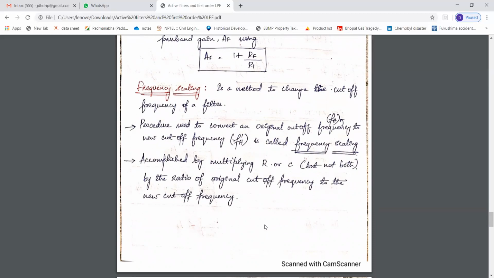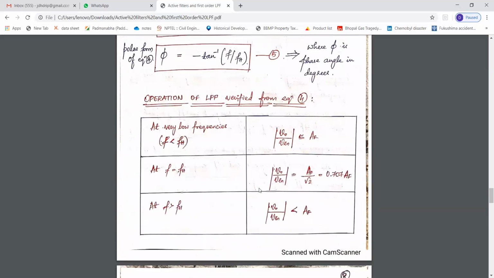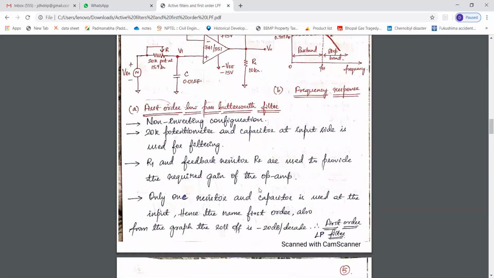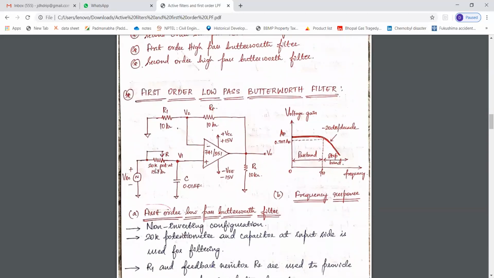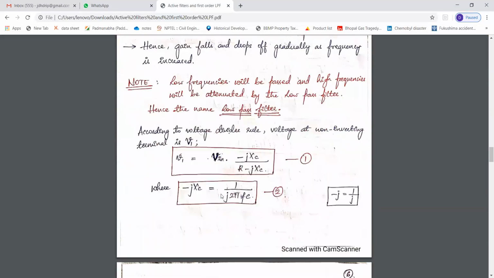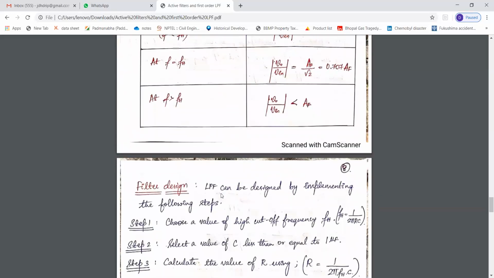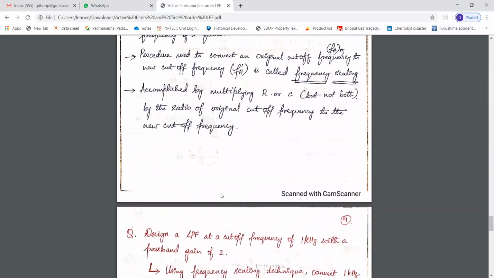In such circumstances, what we are going to do is, first we are going to multiply the resistor R or C, the resistor that we use at the input side, or this capacitor, with a ratio of the original cutoff frequency to the new cutoff frequency.